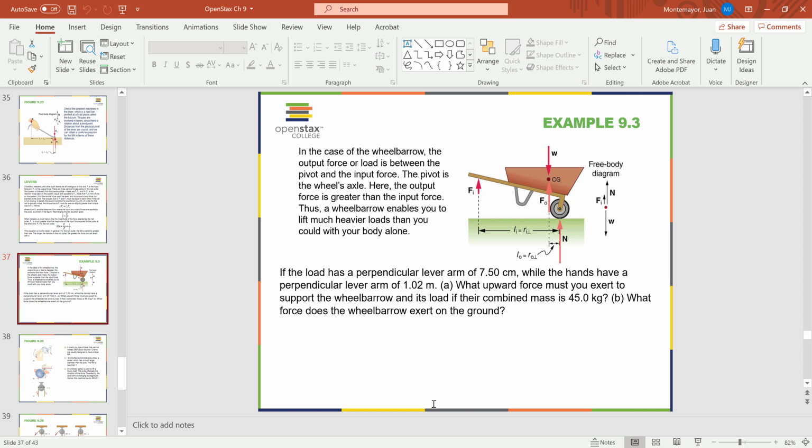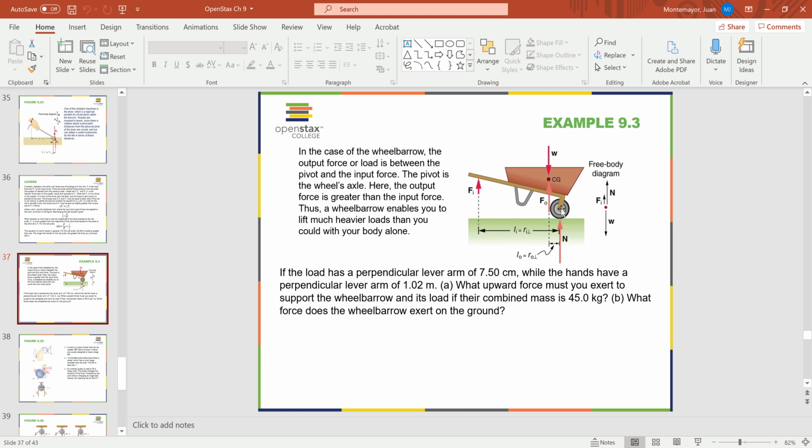In the case of the wheelbarrow, the output force or load is between the pivot and the input force. The pivot is the wheel's axle, so that would be right here. Hence, the output force is greater than the input force. Thus, a wheelbarrow enables you to lift much heavier loads than you could with your body alone.